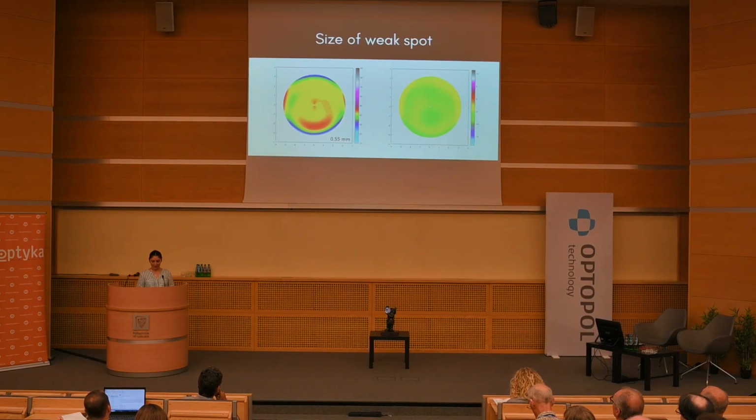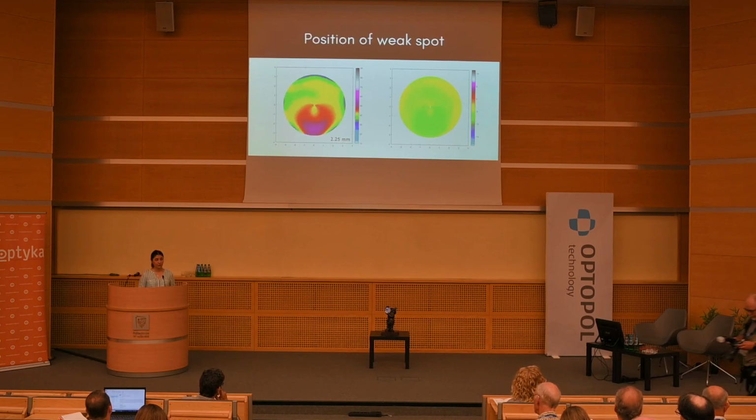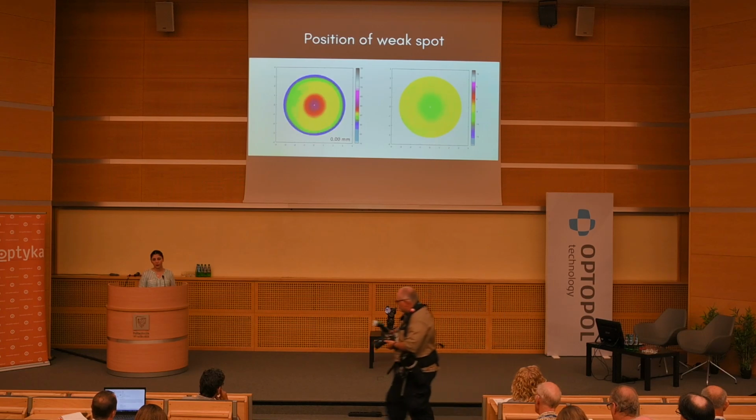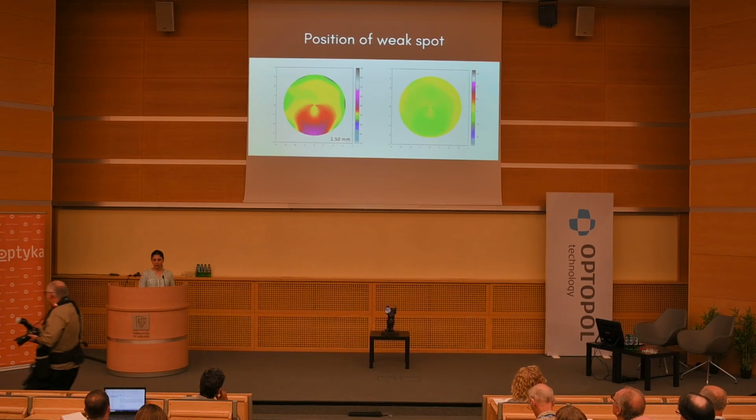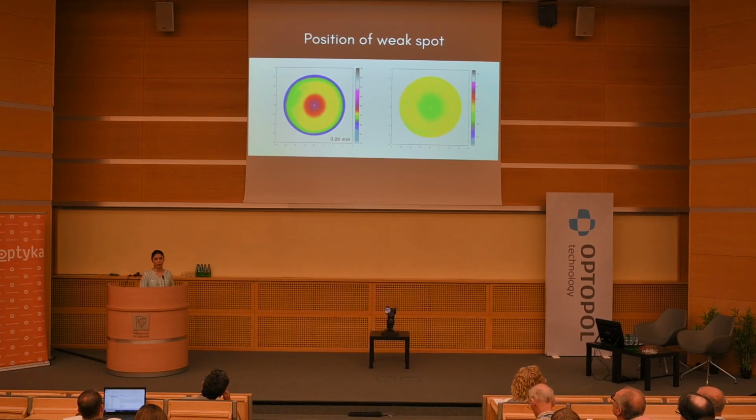In the other set of analyses, you can see that the size of the weak spot goes from 0, which means healthy cornea, to a 4 millimeter diameter of the weak spot. And this also follows the position of the weak spot from the center to 2.5 millimeter down for the inferior cornea. So our results suggest that maybe pellucid marginal degeneration is another form of keratoconus.